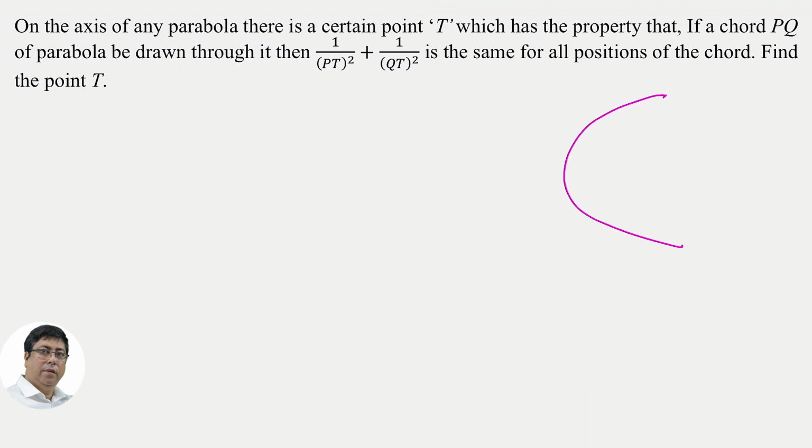According to the question, suppose point T is (t, 0). And this is the point P, this is the point Q.